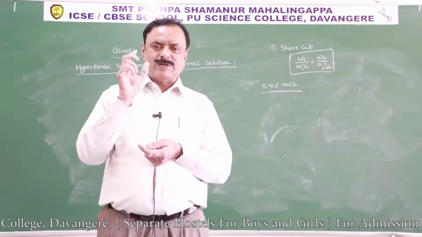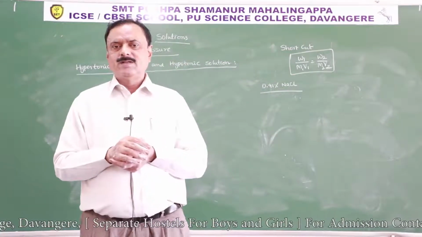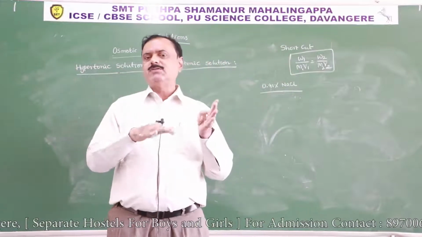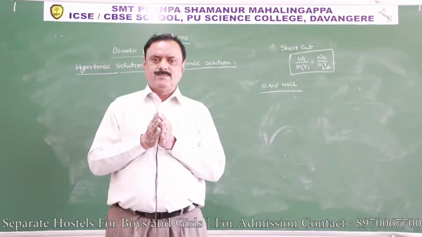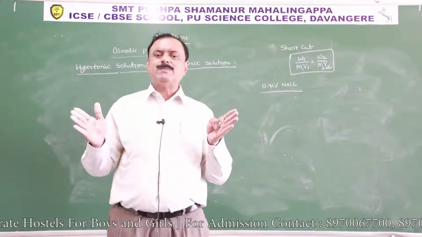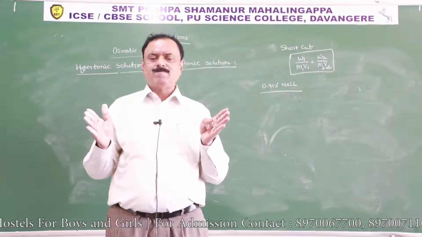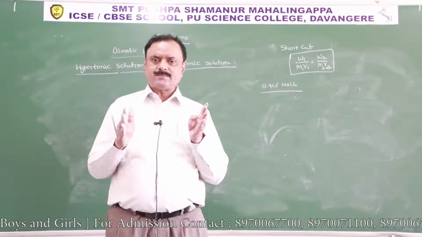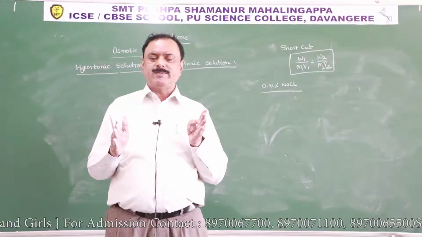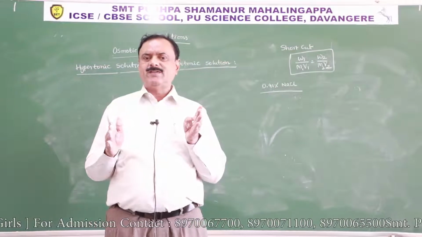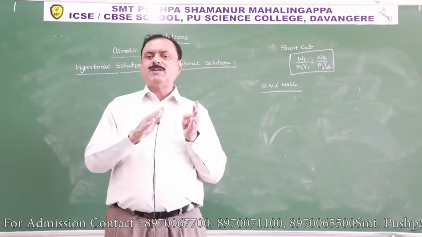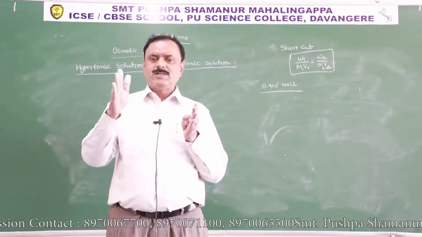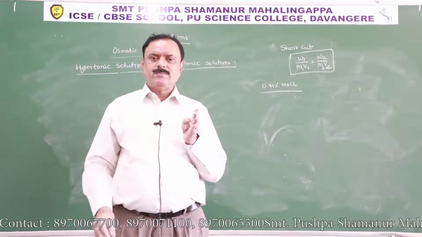According to osmotic pressure, whenever two solutions, one a dilute solution and one a concentrated solution, are separated by a semi-permeable membrane, then certain osmotic pressure is applied on the semi-permeable membrane. The movement of solvent molecules will occur from the dilute solution to the concentrated solution.